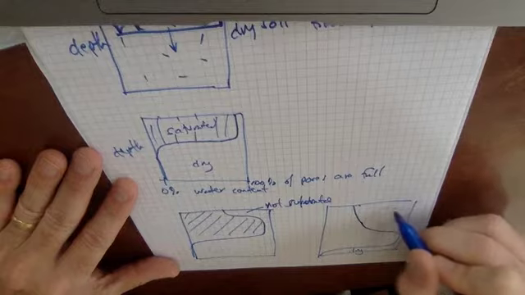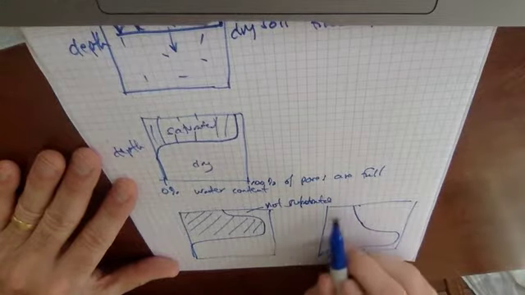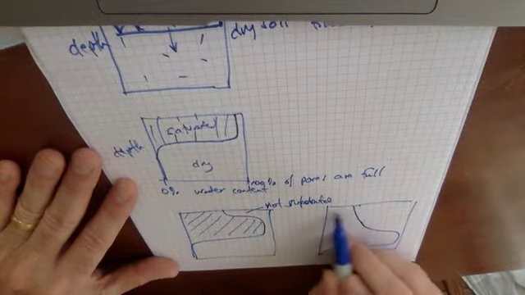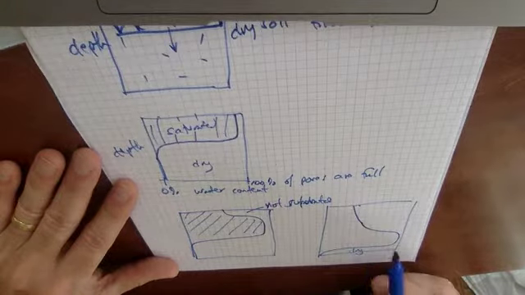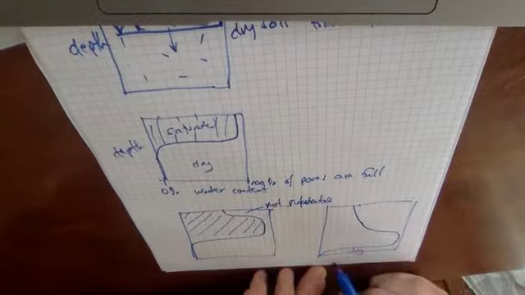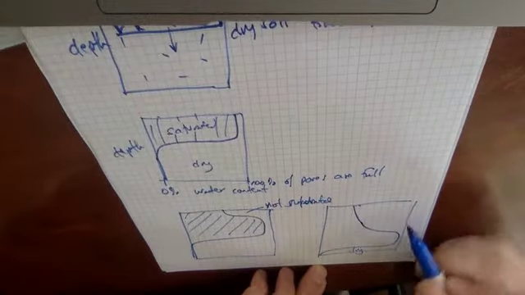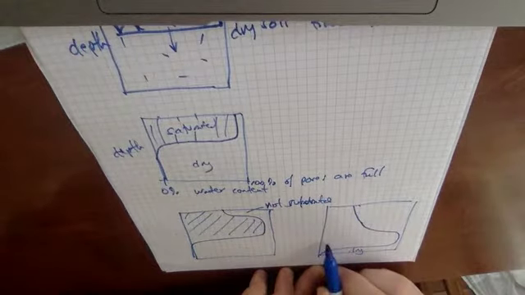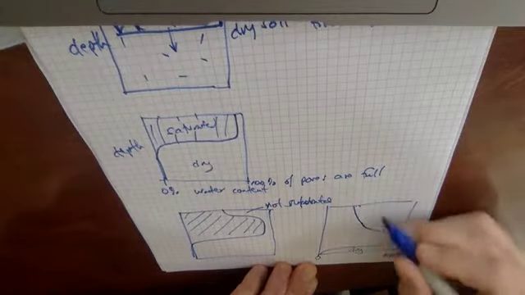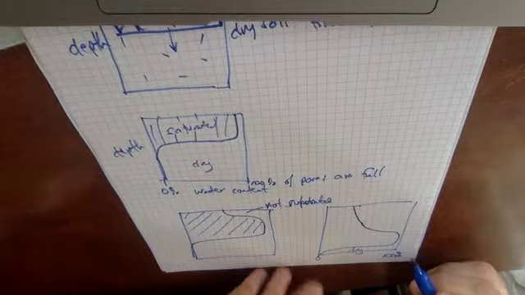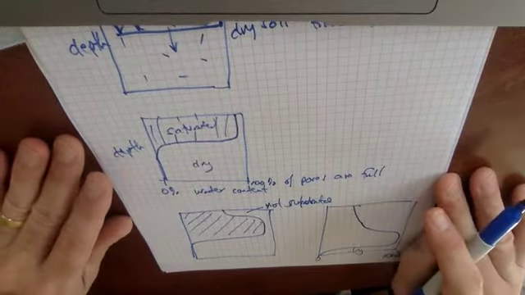So this was saturated at one point, but now some of the water has drained out. And we've got about 30 or 40% of the pores in here are now saturated with water, right? So again, what we're looking at is not a vertical slice through the soil, but with depth, we're looking at what percent of the soil, 0 to 100%, is actually saturated with water. And so it looks something like this over time, these slugs.